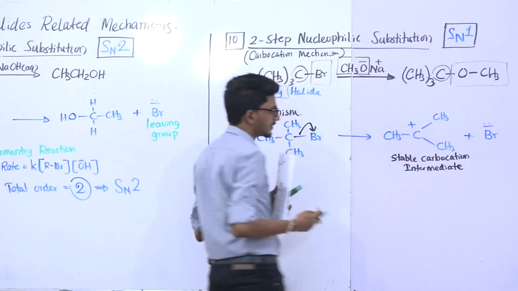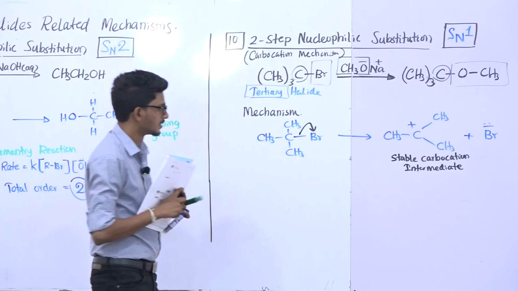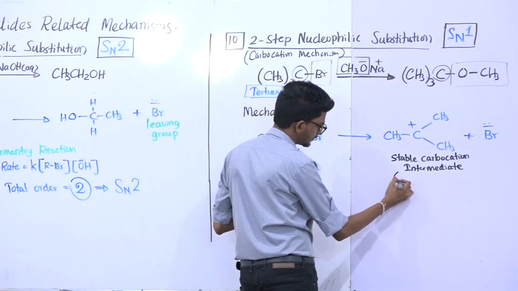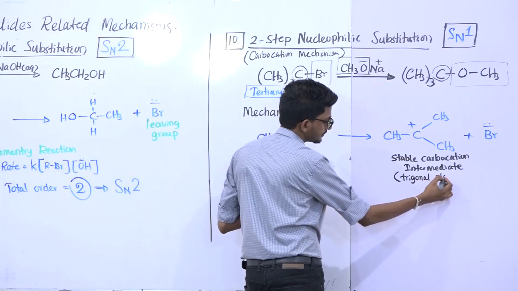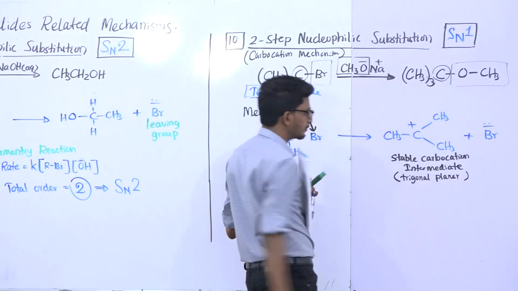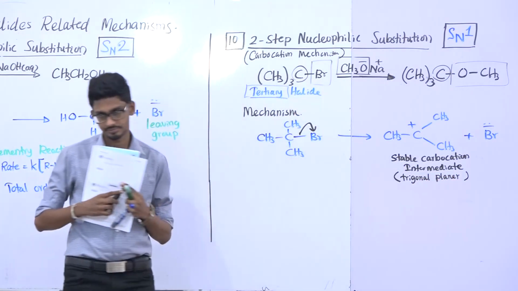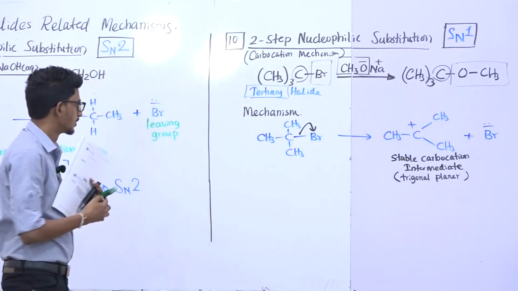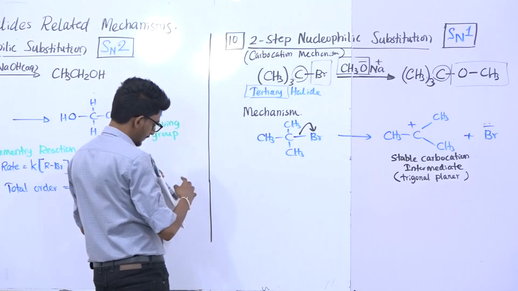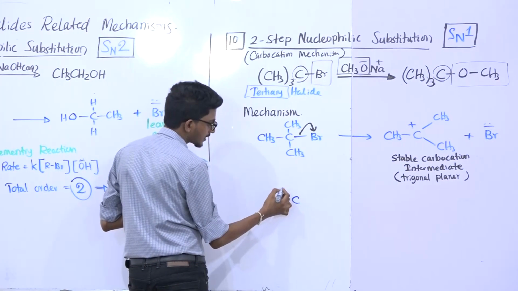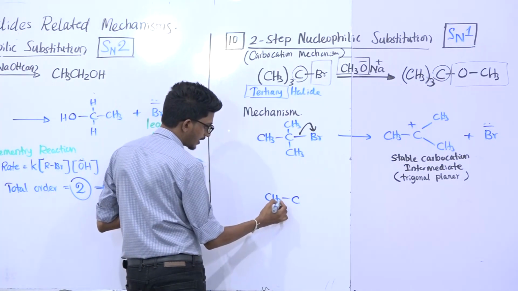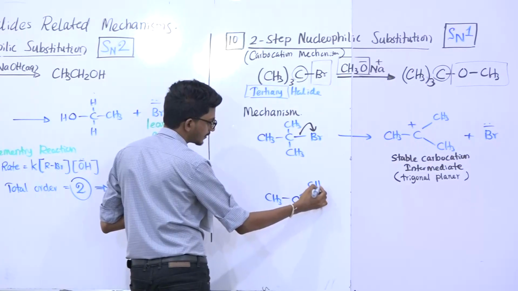This is a trigonal planar structure, with an sp2 carbon at the center. So after breaking the bond, we will come up with this carbonium ion or the carbocation.